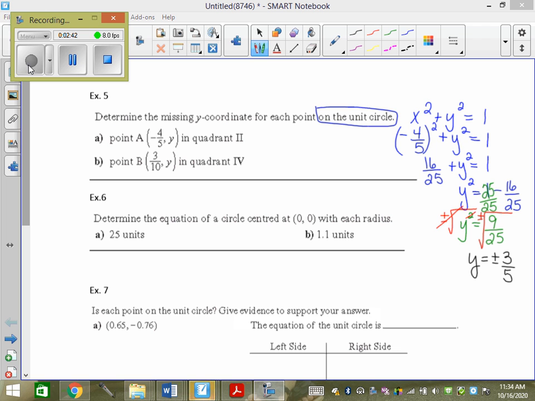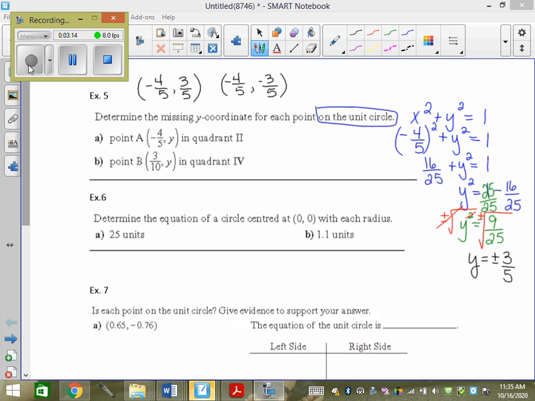I'm going to write them out because I don't know what I just said. Negative 4 over 5 and then 3 over 5, or I could have negative 4 over 5 and negative 3 over 5. Right? If they gave me no other information, I could get 2 coordinates on the unit circle where my x is negative 4 over 5.